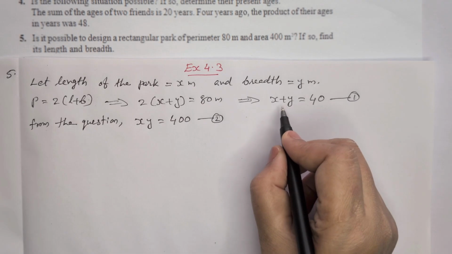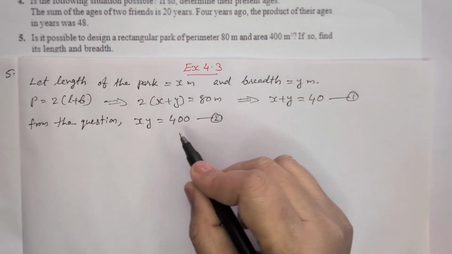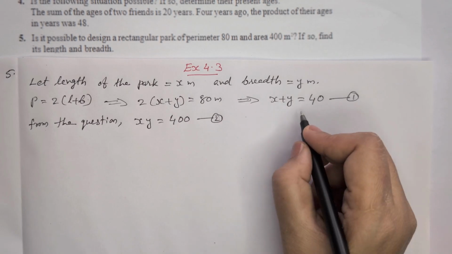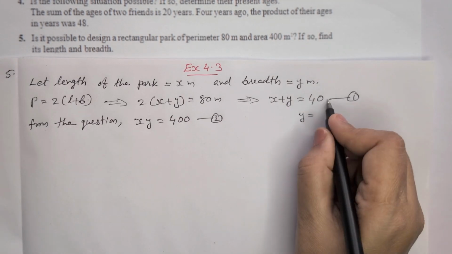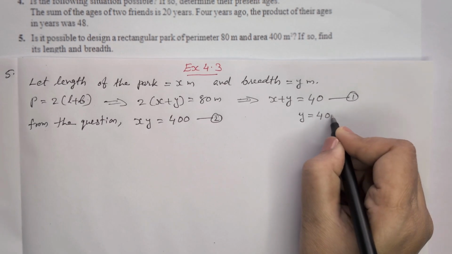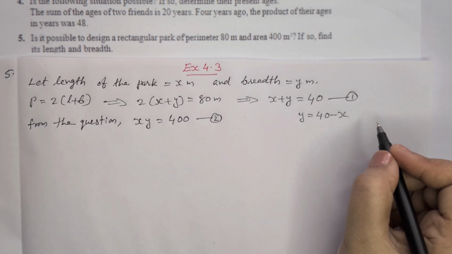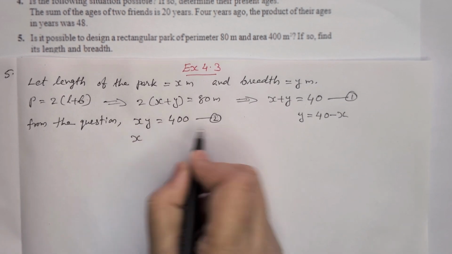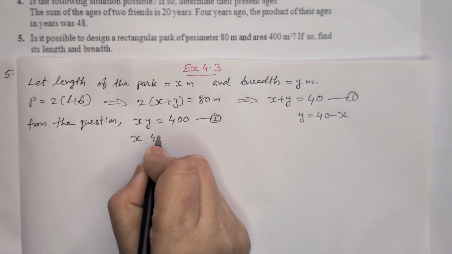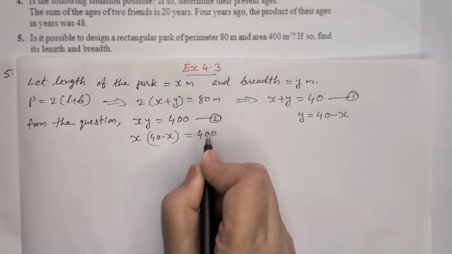Then we have to find any one of these variables and substitute in equation 2. For that we can take y is equal to 40 minus x. So we can rewrite this as x into, in place of y, 40 minus x is equal to 400.